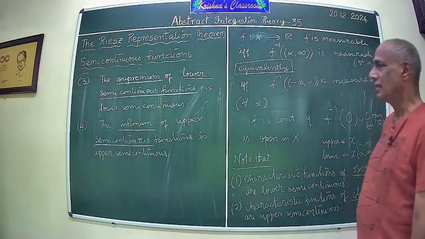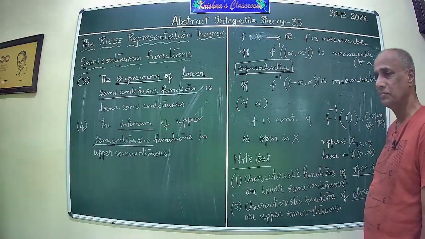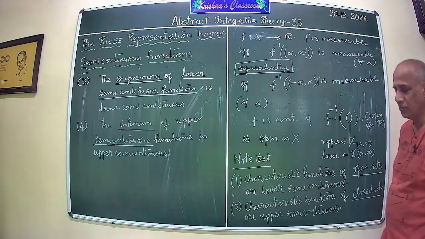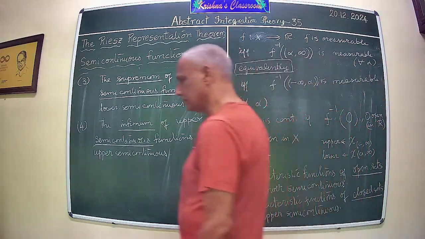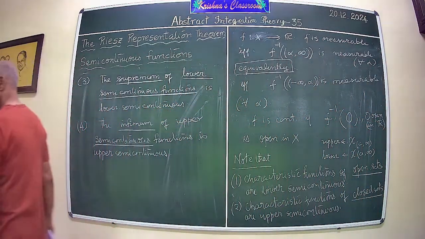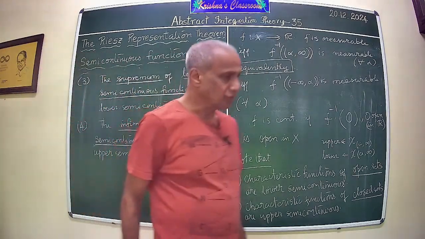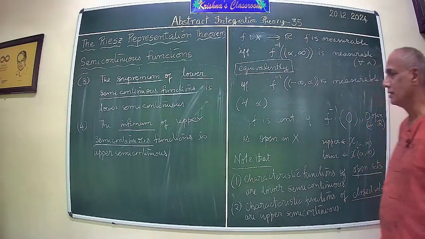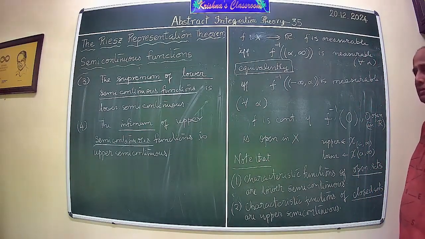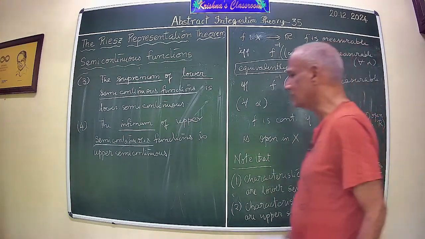There we said that if a sequence Fn is measurable, then the supremum of this sequence is measurable, and the infimum of this sequence is measurable.